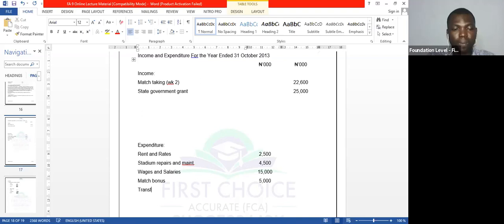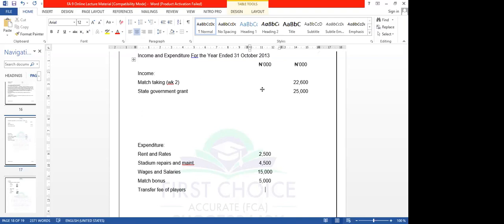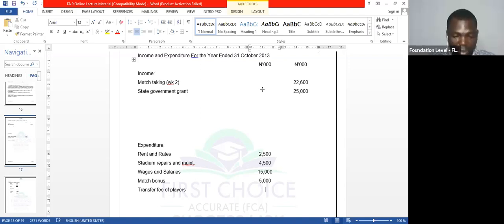What is the amount for that? If they are going, the transfer fee is an income for them. Sorry, it will be an income. If you look at it, we have two types of transfer fees. We have transfer fees of players who left the club, so that one is an income.